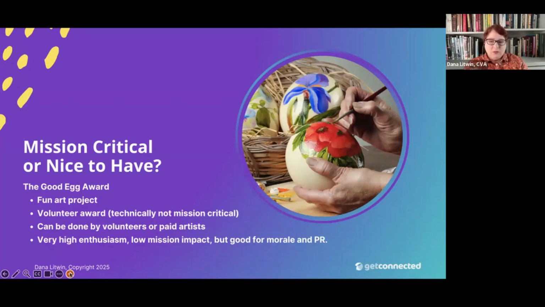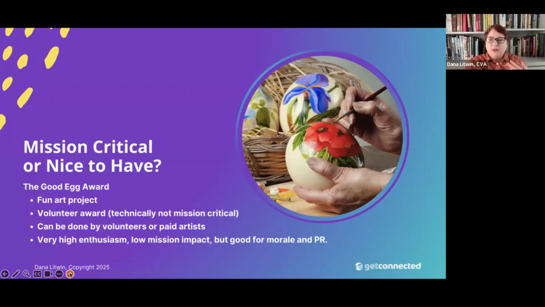So the Good Egg Award was a fun art project that we gave to a handful of volunteers each year. And technically, it wasn't mission critical, but it was something that we invited volunteers themselves if they had artistic background or talent or wanted to. And sometimes we had paid artists that donated their time. They got an in-kind tax donation.